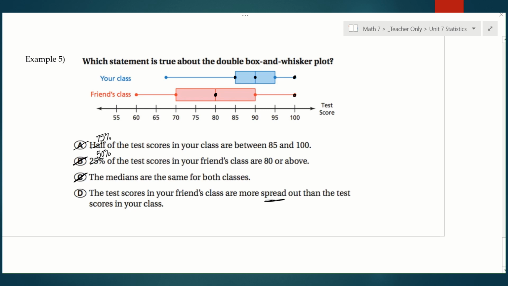And remember, the bigger the range, the less consistent the data. And so it is true that the test scores in your friend's class are more spread out than the test scores in your class. So choice D is our answer.